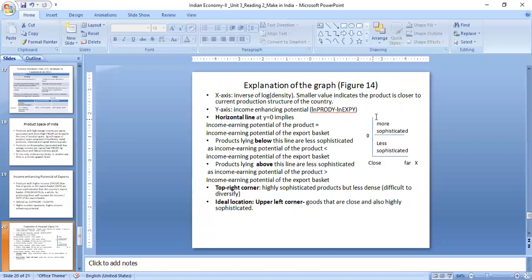Now, what would a top right corner imply? Top right corner would imply that the product is sophisticated, yes, but then the value of x is more. That means it is less dense. That is, it is not similar to the goods which are already being produced by the country. Therefore, it is going to be difficult for the country to diversify to this particular product.